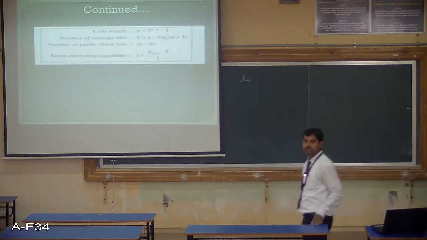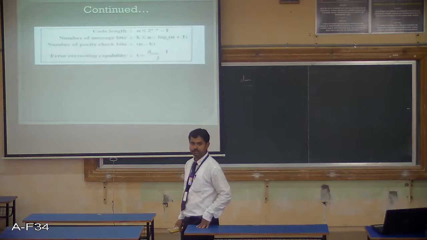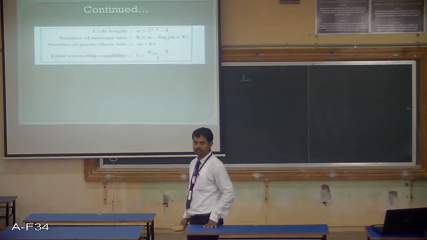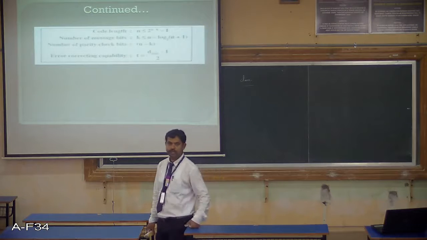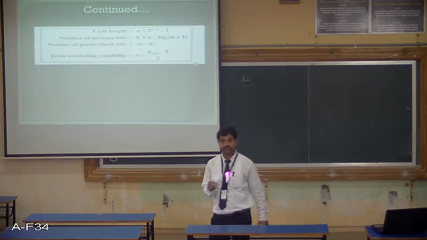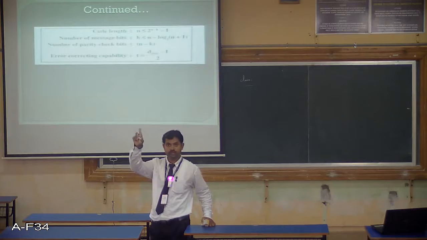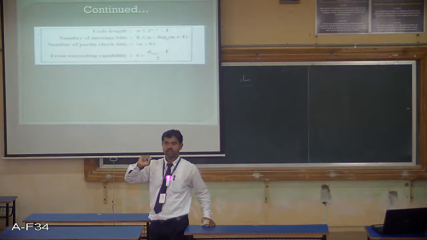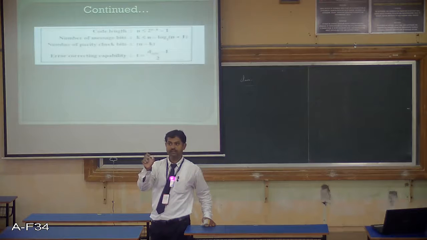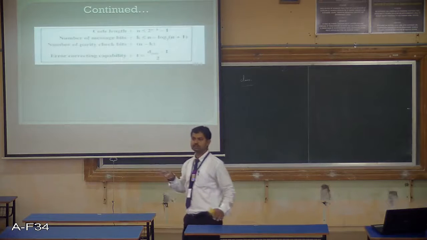These are some of the important parameters that will help you during problem solving. Always remember the code length: n is less than or equal to 2 to the power of n minus k, minus 1. Always the code word length should hold this relation. There is a proof for this, but that's out of scope.